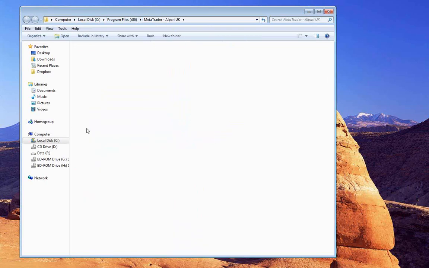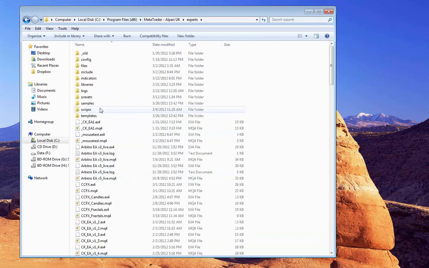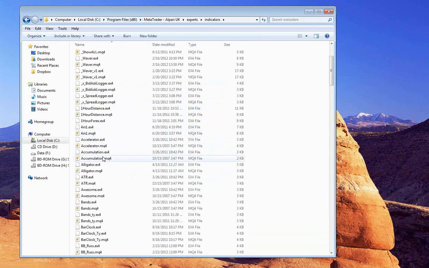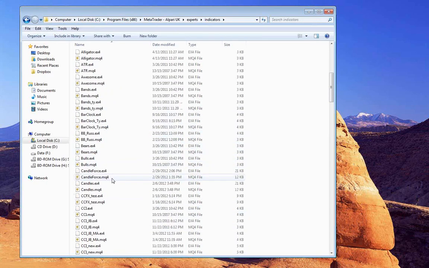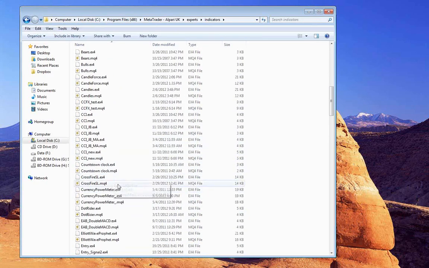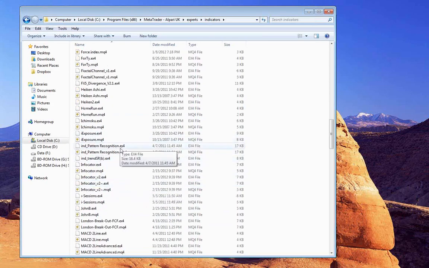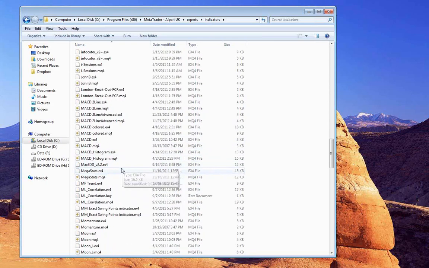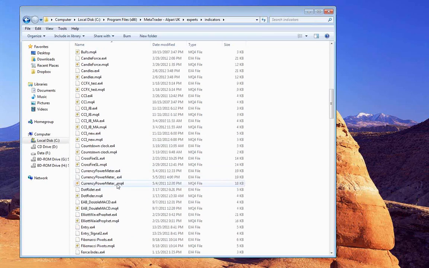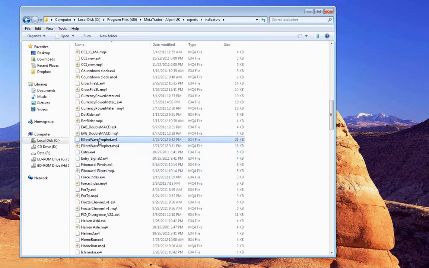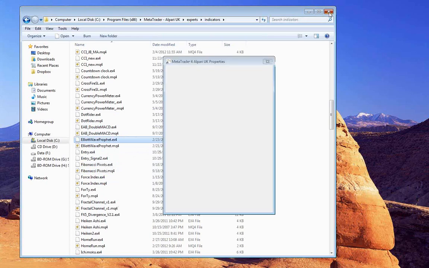Here in experts you can find your experts, and in indicators you can find the indicators you are using. So in case Elliott Wave locks your chart, just delete it and open your charts again.